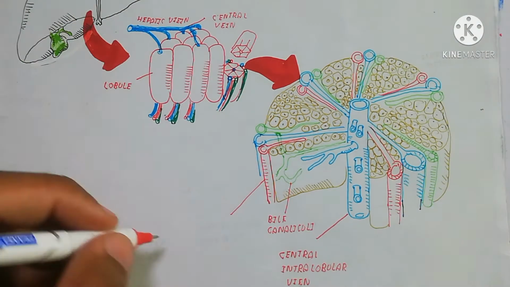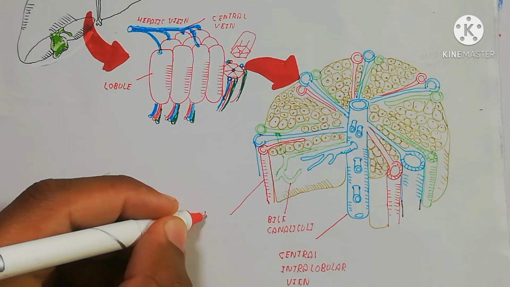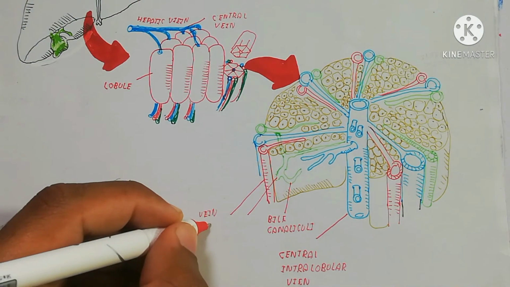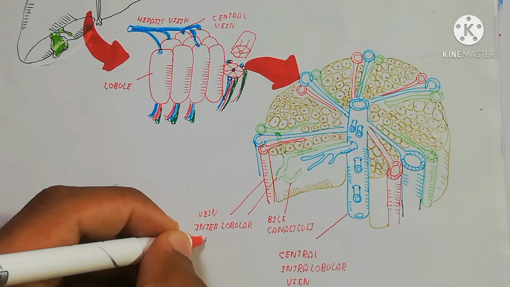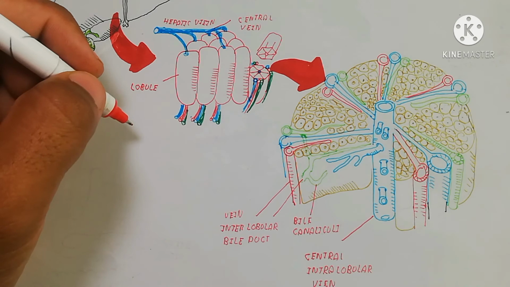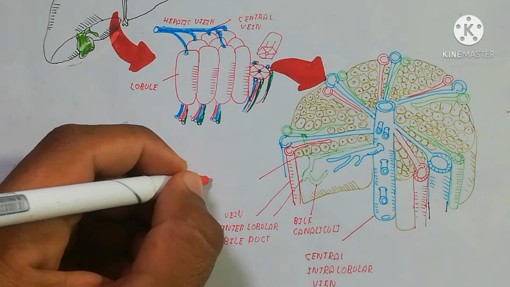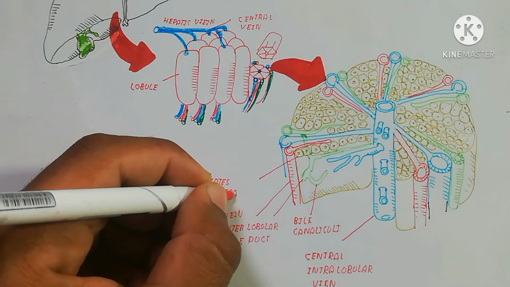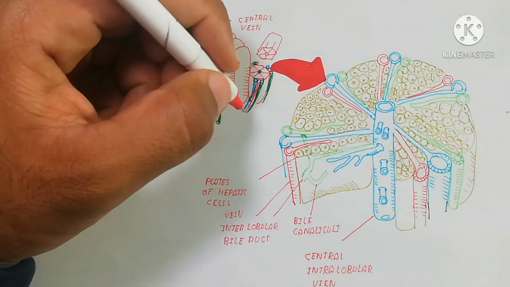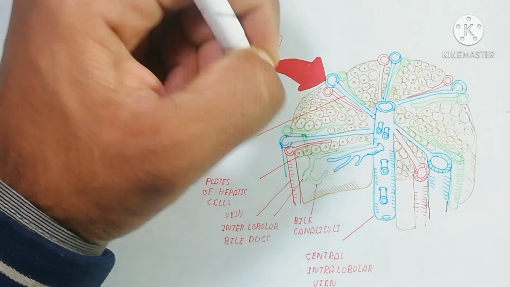Here are the bile canaliculi, which extract the bile acid, the extract of red blood cell breakdown, and some cholesterol and many more things related to the bile byproduct.